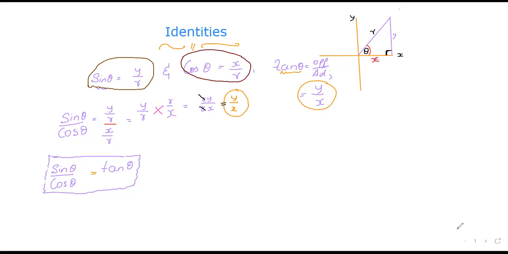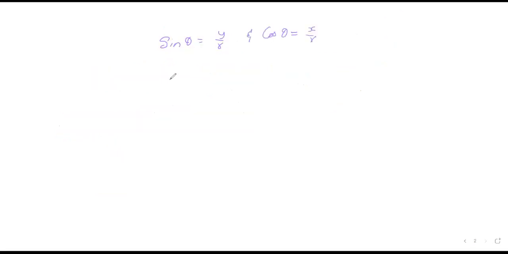So let's see what happens if you square both sides. That will be the sine theta multiplied by the sine of theta, which comes from sine theta. If you square that, you have that.